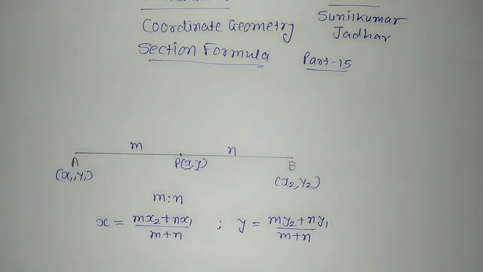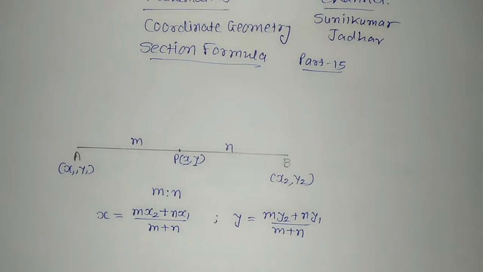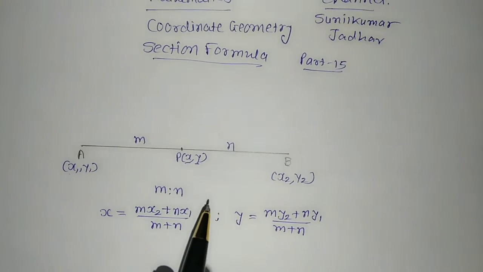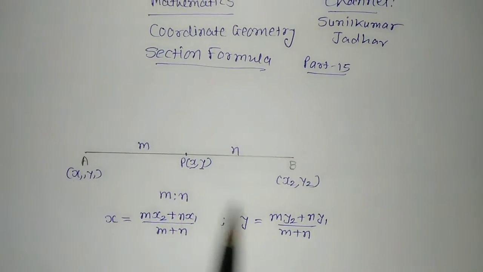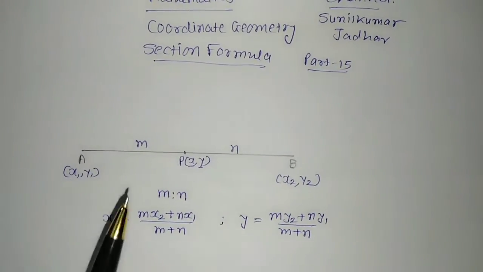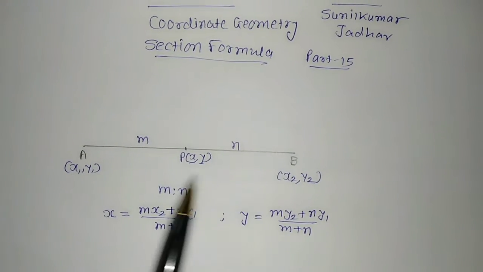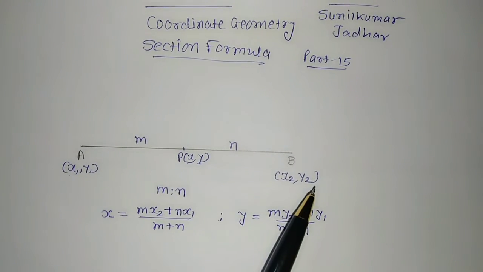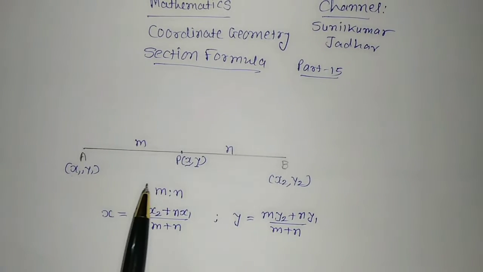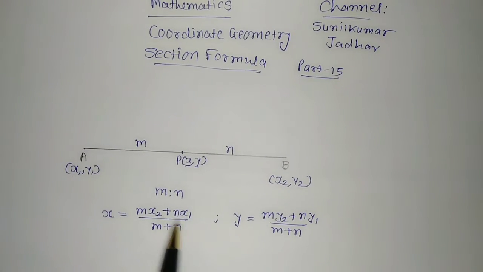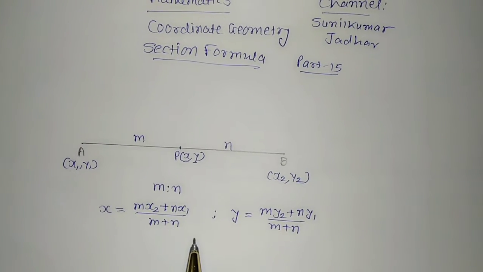So this is the section formula to find the x and y coordinates of point P, which divides line segment AB in the ratio of m is to n from point A. If we take the ratio from point B, then it will be alternate. So this is one of the formulas.